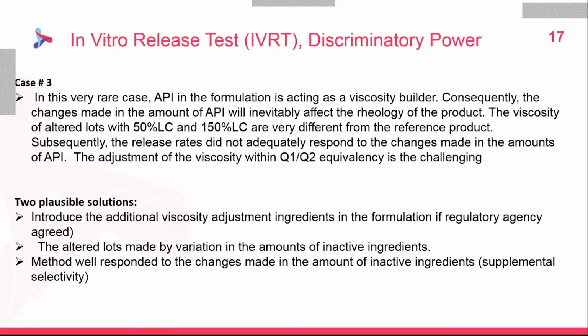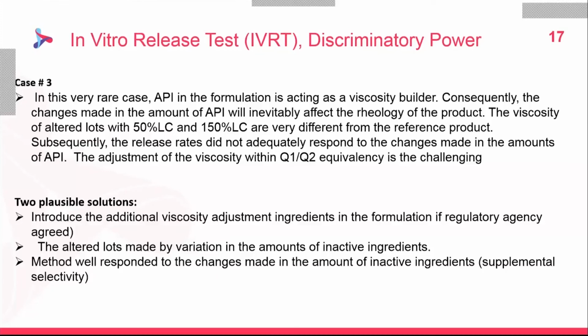Subsequently, the release rates do not adequately respond to the changes made in the amount of API. The adjustment of the viscosity within Q1 and Q2 requirement equivalency is the challenge. Two possible suggestions here.